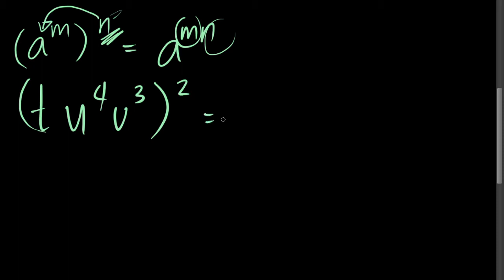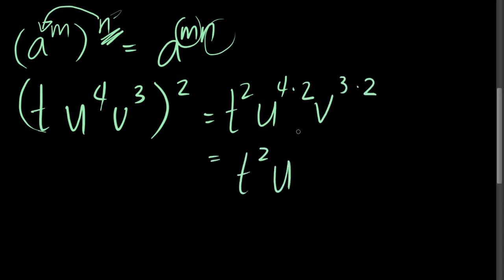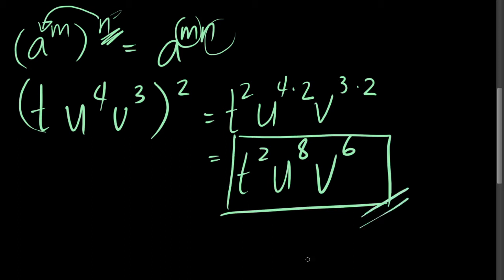Squared lang liwat. Okay. So now distribute squared to the variables inside. That makes it t squared, u 4 times 2, v 3 times 2. Simplified, it's t squared, u 4 times 2 is 8, v 3 times 2 is 6. So final answer. Boom.